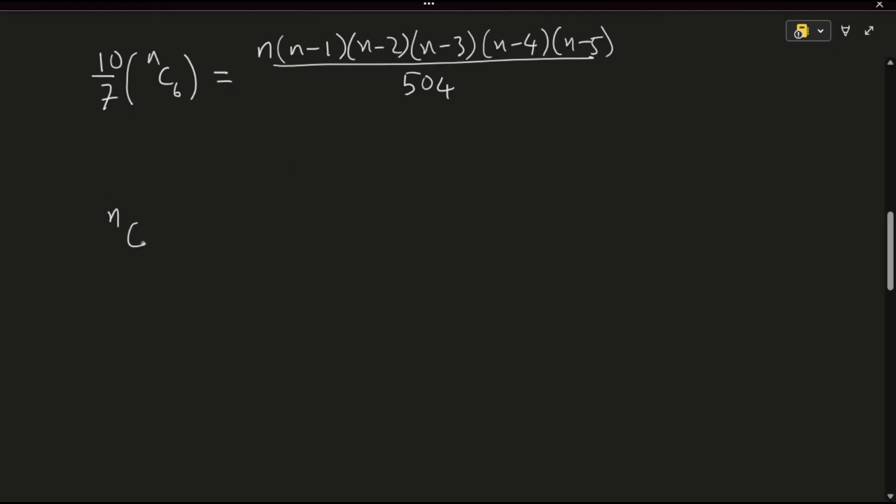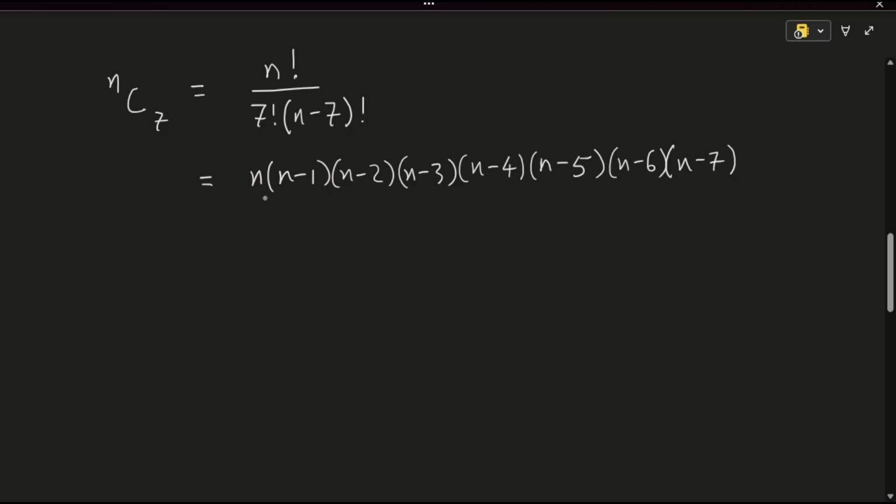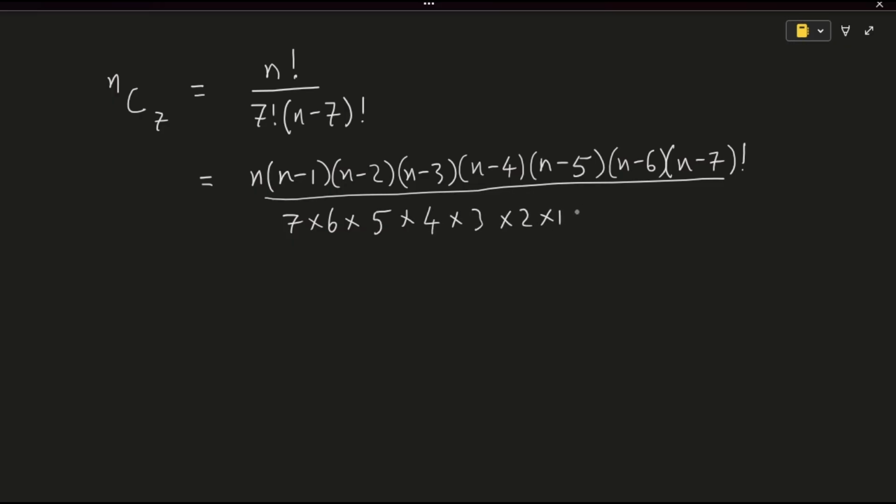our second term is given by, which simplifies into, so n minus 7 factorial will cancel out.